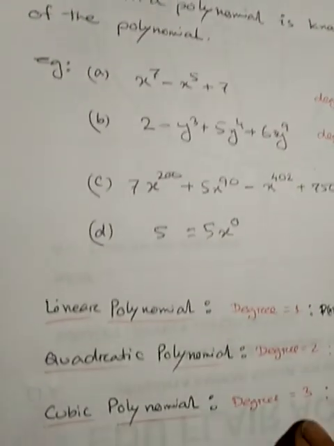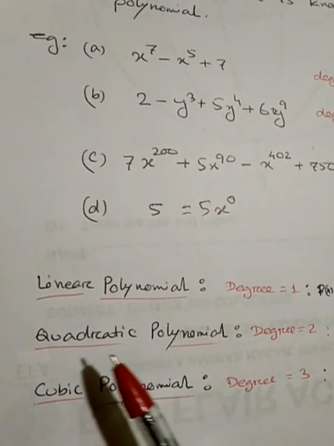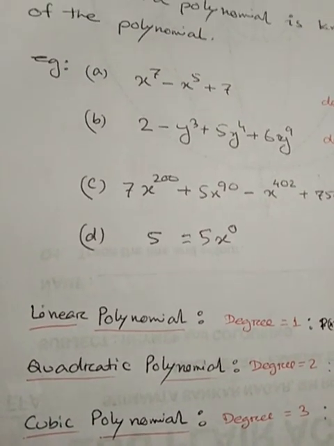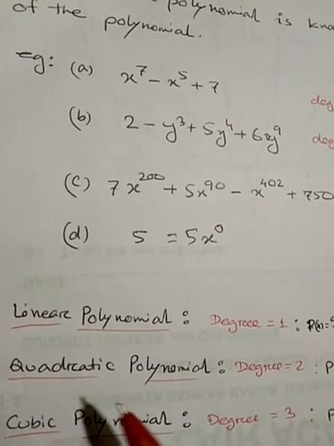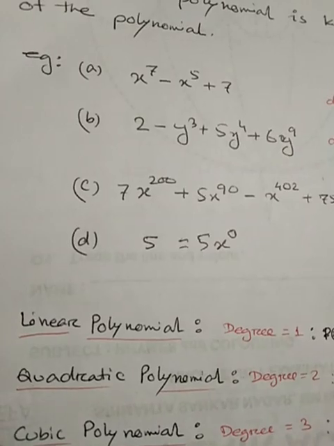Then depending upon the degree of a polynomial, it can be a linear polynomial or quadratic polynomial or cubic polynomial and so on. Now if the degree is 1, then it is linear, degree 2 means it is a quadratic polynomial, degree 3 means it is a cubic polynomial.